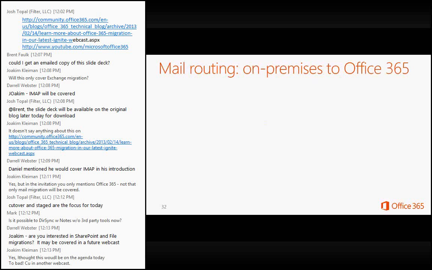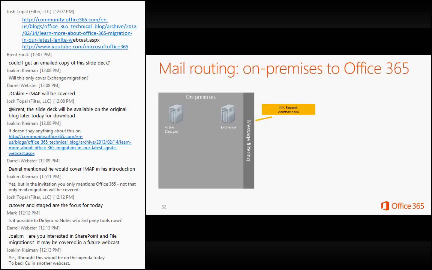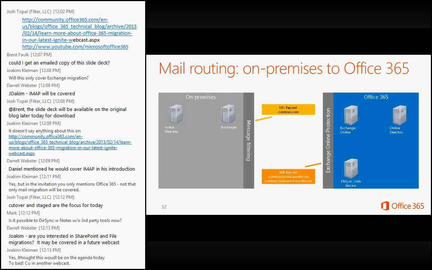So this is when we start to bring Office 365 into the mix. We'll just build this out a little bit. This is when you're emailing on premises to Office 365.